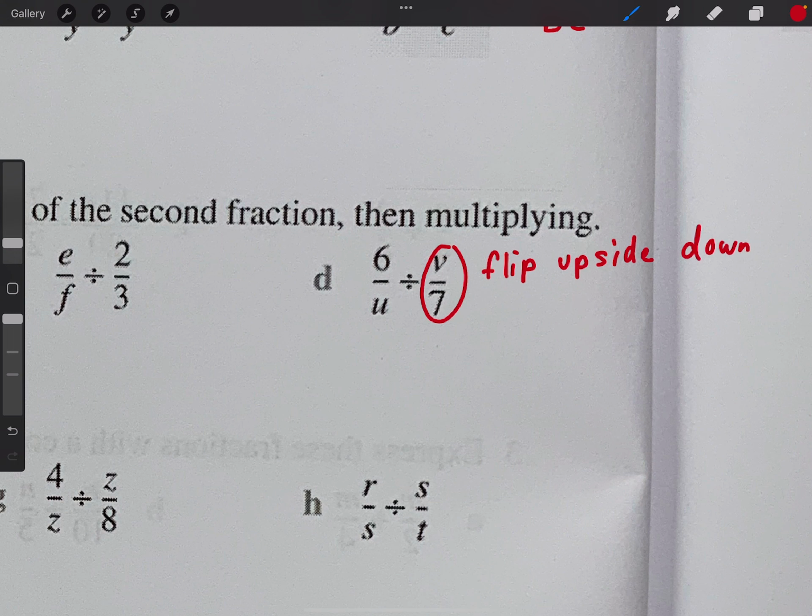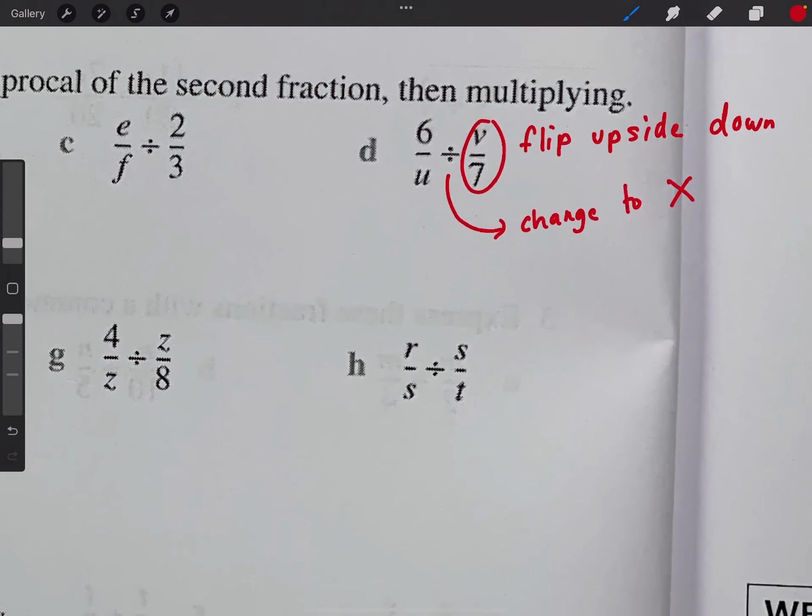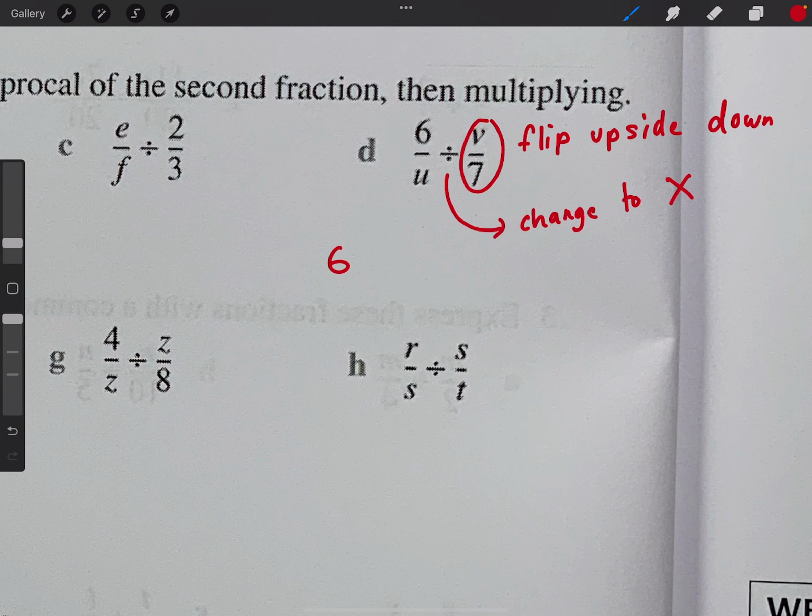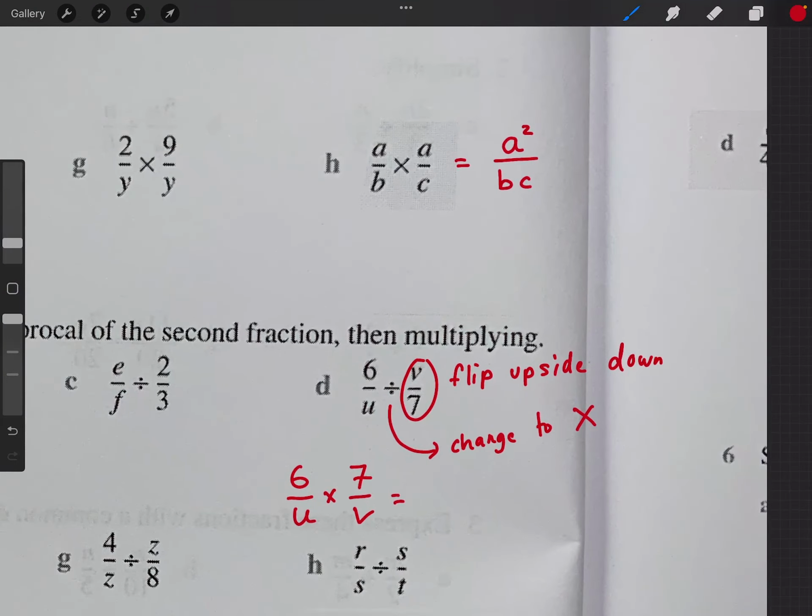And then we turn this one into a multiply. Change to times. So we're going to have 6u times 7 over v. Now we just change the division into a multiplication, and then we just do what we did up here.